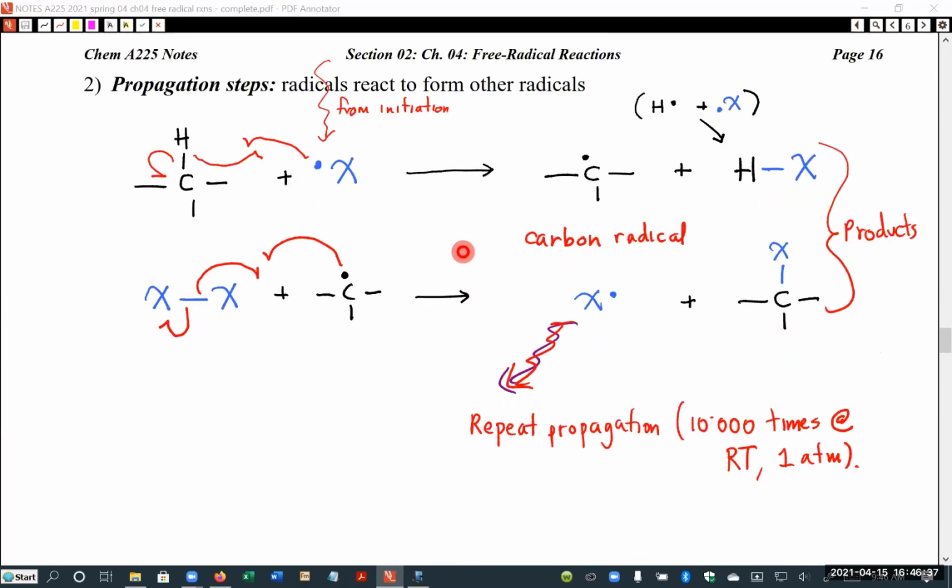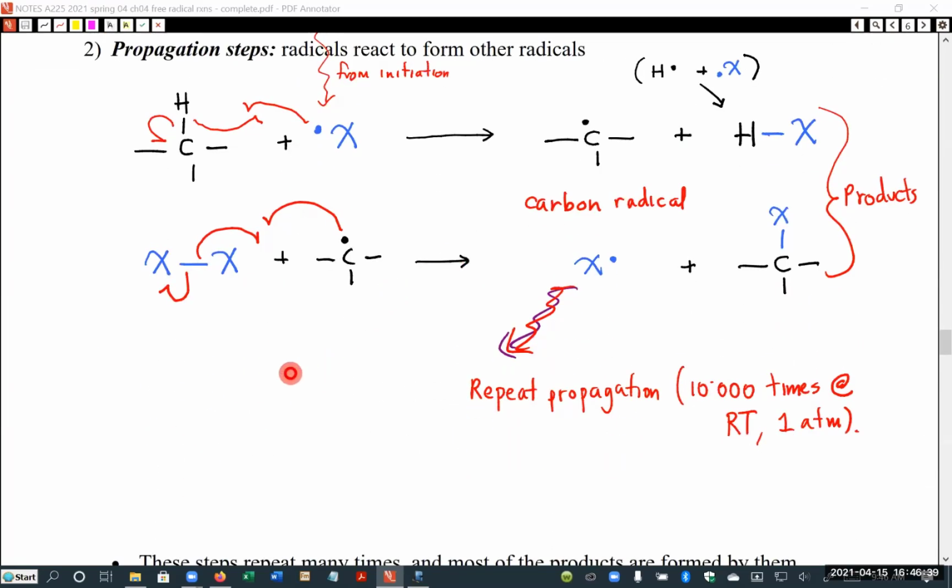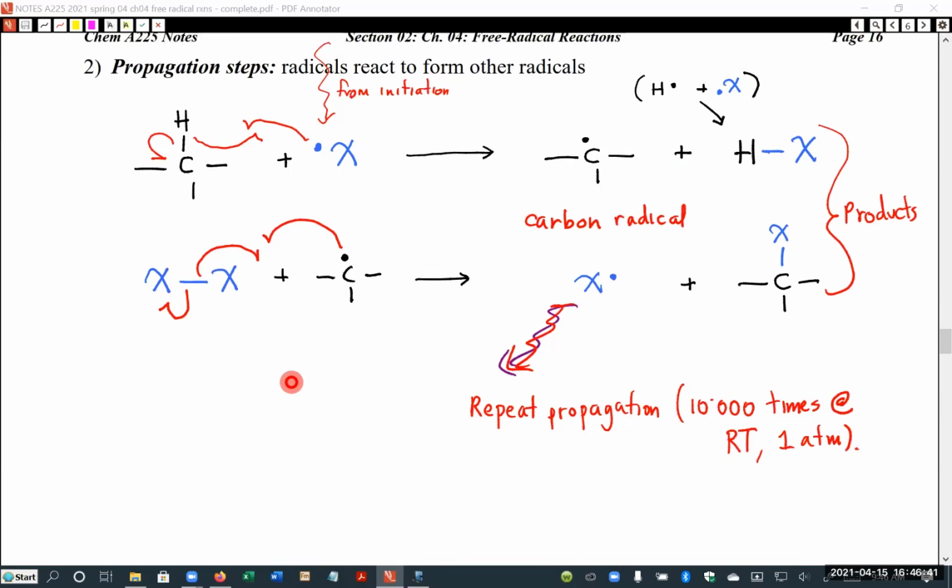The next steps are the propagation steps. Now, it's very important to note, and I'm going to say it again at the bottom, that the propagation steps are the steps that form the products. And in fact, if you have the correct propagation steps, those propagation steps should add up.